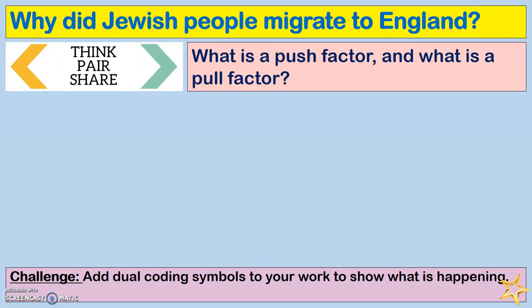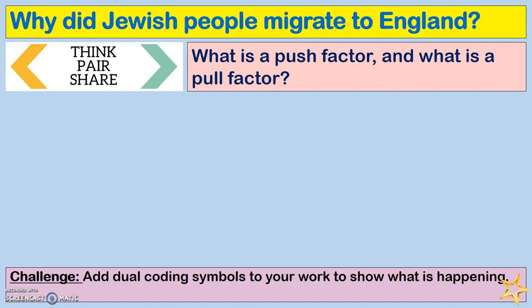A push factor is anything that makes someone want to leave an area, okay? So something bad that is where they are. For example, people in the east of America wanted to move westwards in America because there were not many job opportunities in that area.